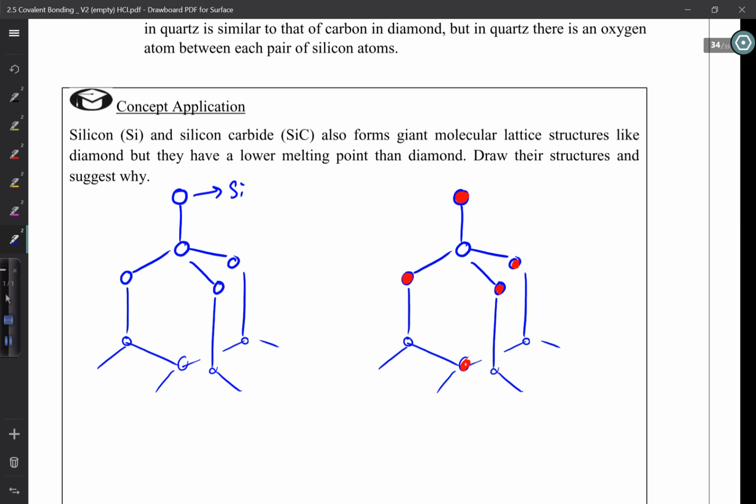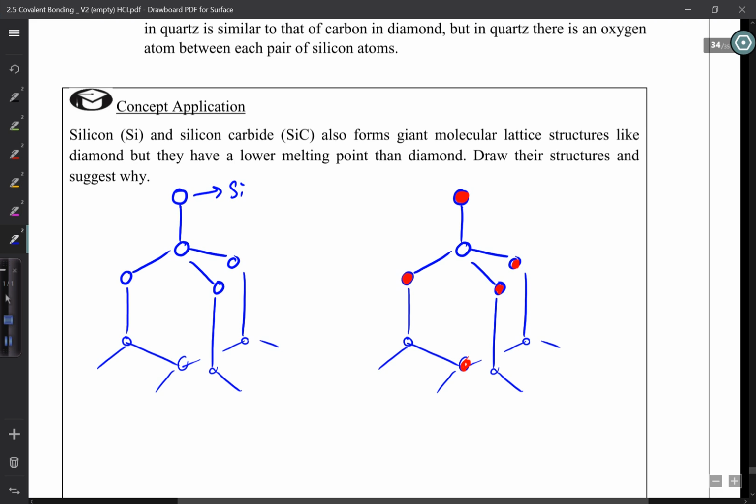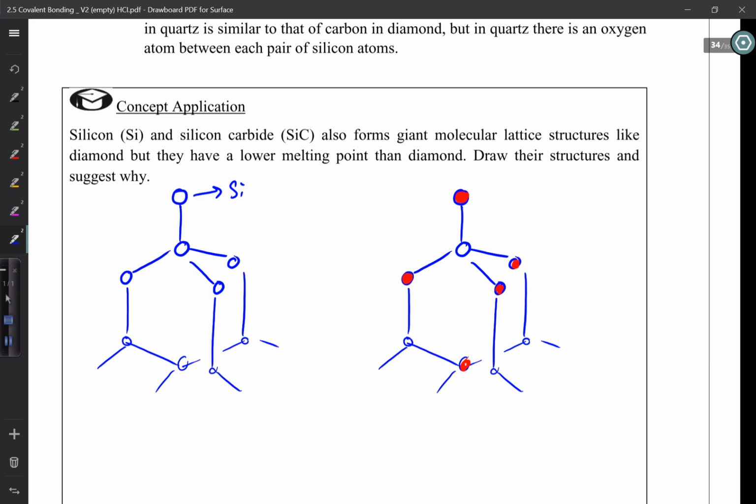If let's say you really want to melt diamond, alright, what forces are you breaking when you melt it? Covalent bonds, right? When you want to melt, let's say, ice, you are breaking hydrogen bonds. Are you breaking covalent bonds in ice? No. What about when you want to boil water, do you break the covalent bonds between hydrogen and oxygen? No. You are still breaking hydrogen bonds. But for this case, if you are melting diamond, you are breaking the covalent bonds, right?